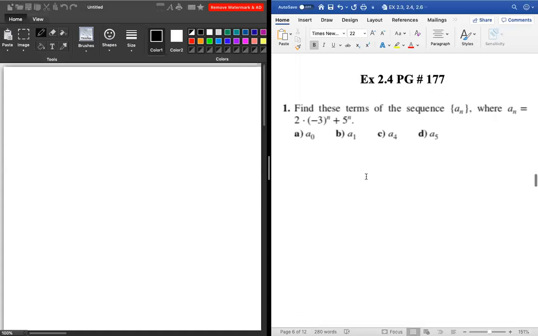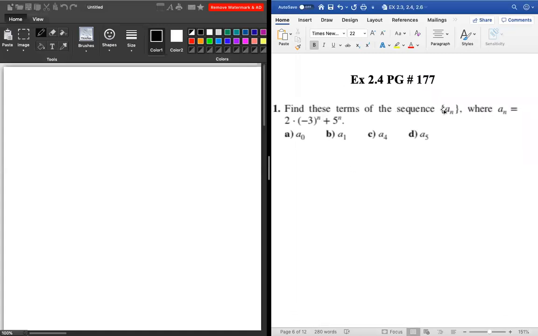So we have the terms of the sequence a to the power of n. a n equals 2 multiplied by minus 3 to the power n plus 5 to the power n. We have to find the value for this. For part a, we have a 0.